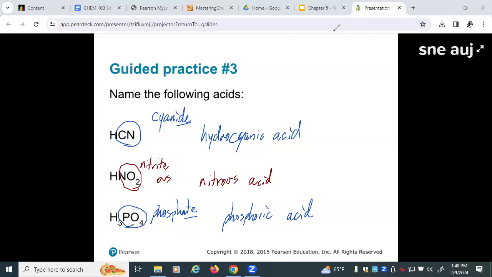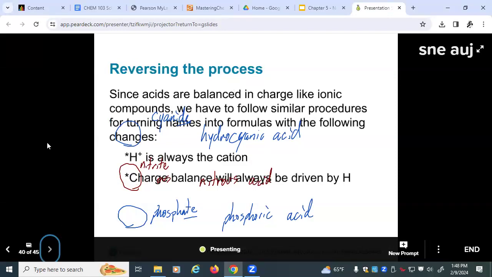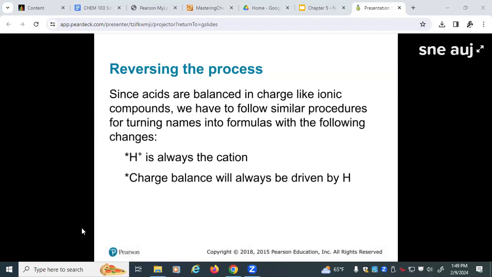All right. One final note before we put this away for the weekend. If you have to reverse the process, treat it the same way that you would for an ionic compound. Only it's a little bit simpler because H plus is always the cation, and since it is always the cation, the only subscript that is going to change is the one on the H. Because if the negative ion's 2 or 3 negative, I'm going to need to add more H pluses to compensate.